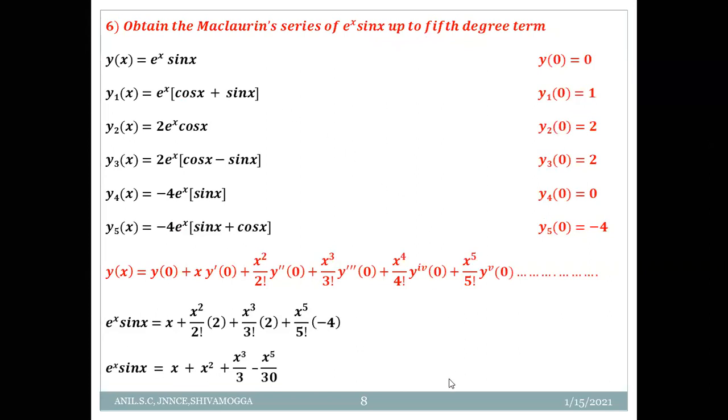Obtain the Maclaurin series of e power x into sin x up to fifth degree terms. That means you have to differentiate successively up to the fifth degree term with respect to x.